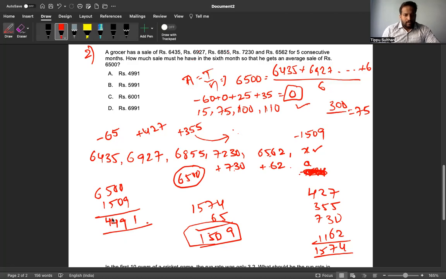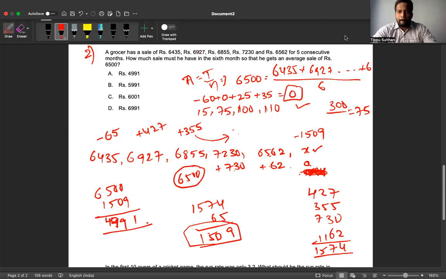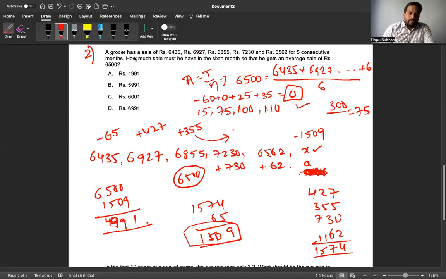Disagree? No, it is 5. 10 minus 5. Yes. 4991. So 4991, that is your answer.